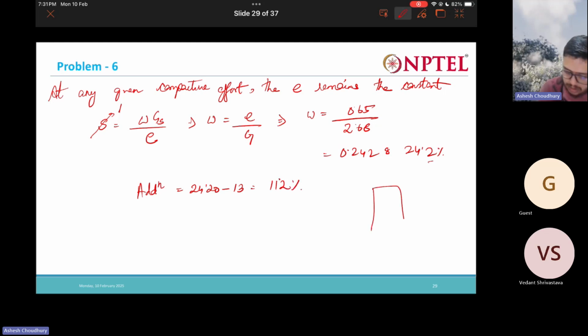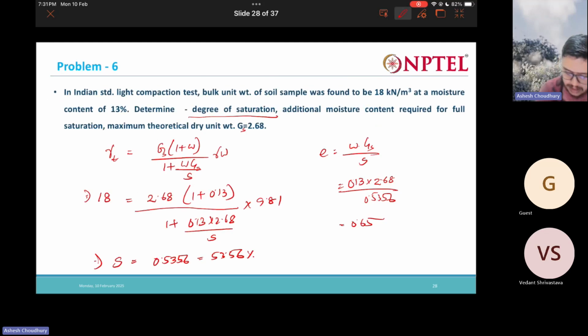So our soil is like this, right? Your soil solids, your water, your air. We need to fill up this with water. An additional 11.2% is needed to fill up this with water, so that we get complete saturation. That's the thing, nothing else.